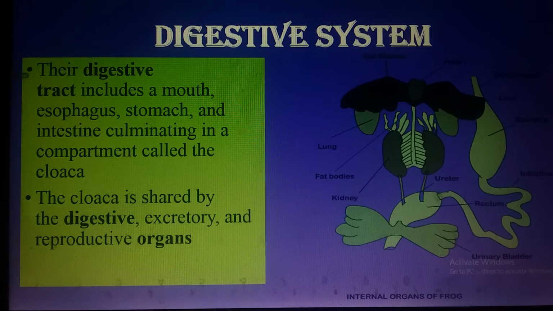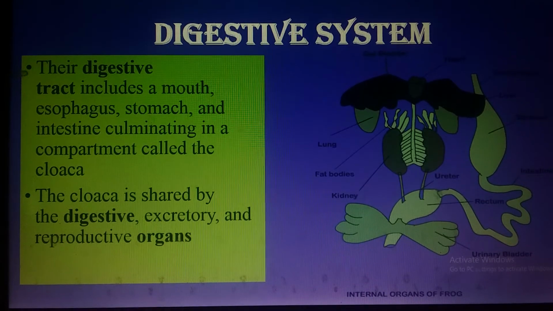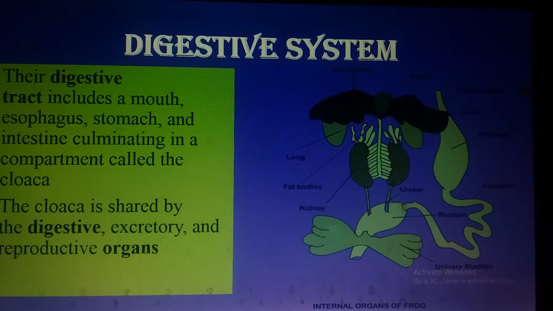And I will discuss it later on. So you can see here, this is the esophagus. You know that mouth goes into buccal cavity into pharynx, and then esophagus and liver, and then stomach, and then intestine. More or less, the digestive system is similar to the human system. You can see.